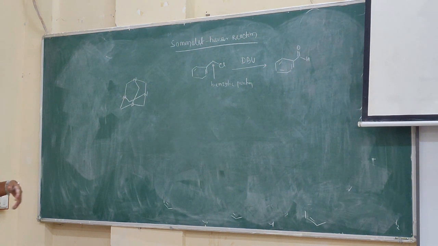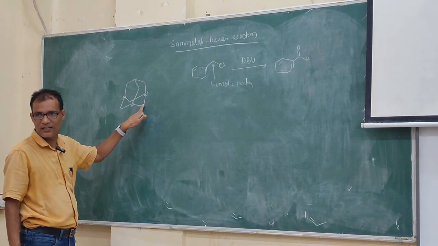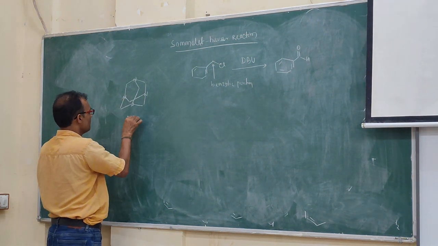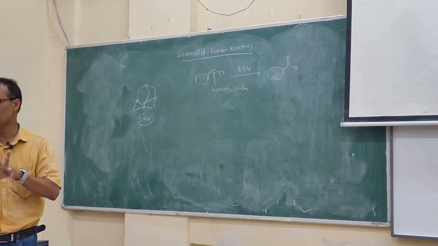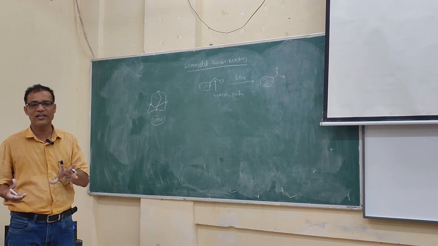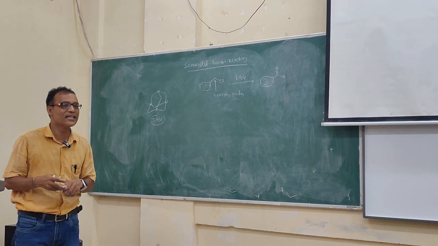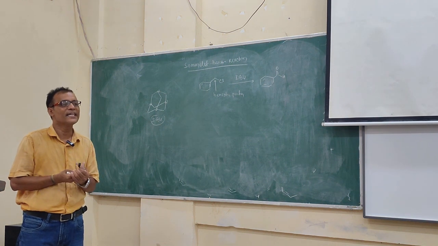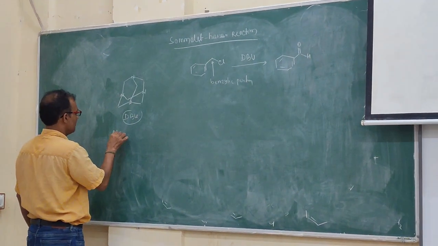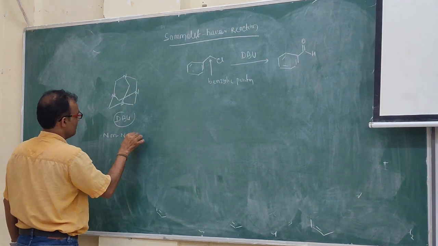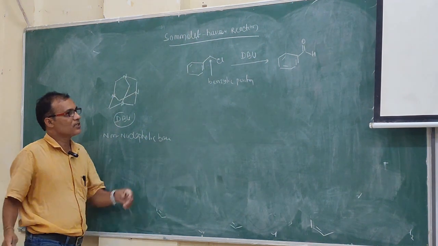You know, 1, 2, 3, 4, 5, 6 carbon. So this is the structure of DBU. This is a non-nucleophilic base. I already told you the difference between nucleophile and base. Non-nucleophile means it does not add to carbonyl, or it does not undergo any nucleophilic addition. Instead, it takes a proton very easily. So it is called a non-nucleophilic base. Let us see then how the mechanism goes.